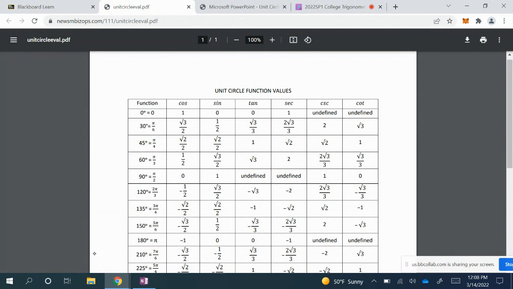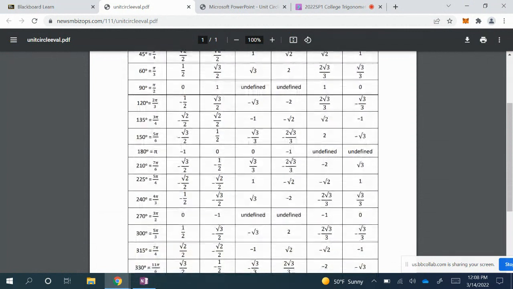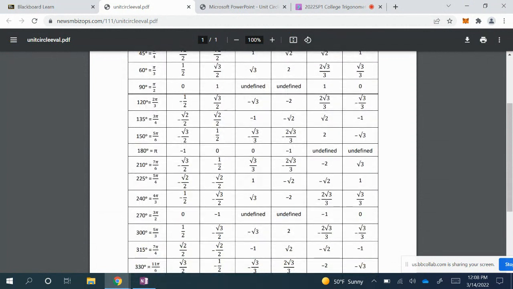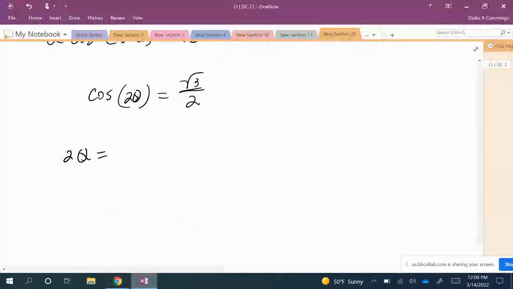We see that pi over 6 does, and 11 pi over 6 has a cosine value of square root of 3 over 2. So we have pi over 6 and 11 pi over 6.